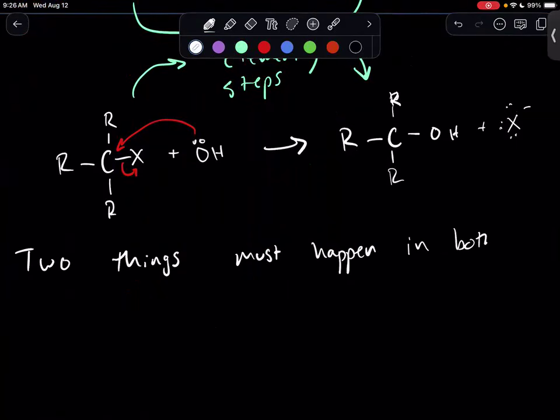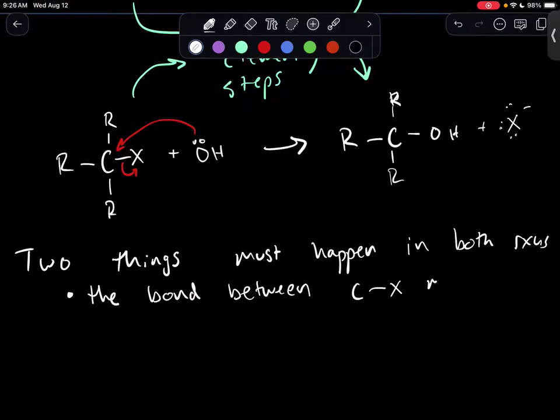Now, one of the things, and I'm not going to say first because it changes, is that the bond between carbon and the leaving group must break.